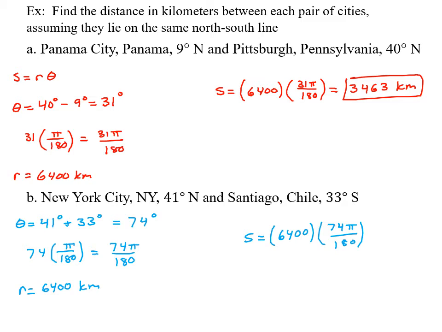And then we go back to the calculator. 6,400 times 74 times pi divided by 180 gives me an arc length or a distance of 8,266 kilometers. So that's how far apart my two cities are.